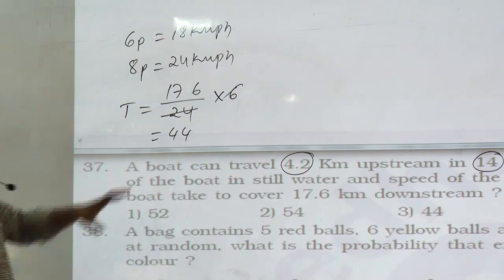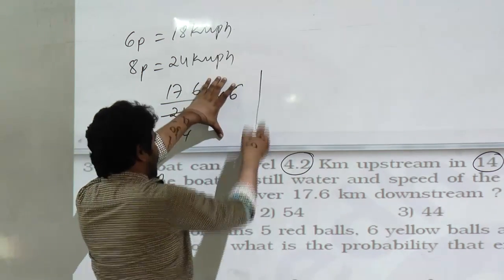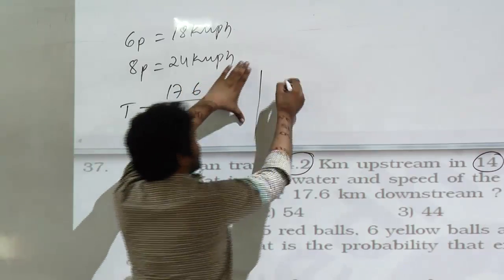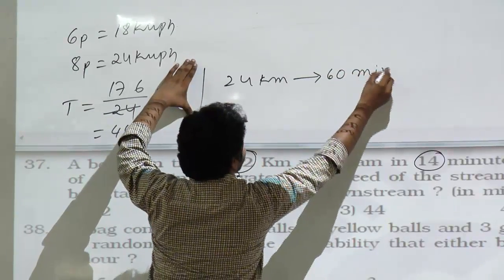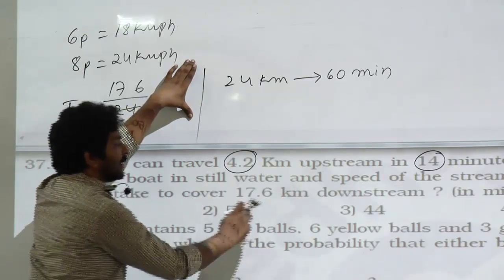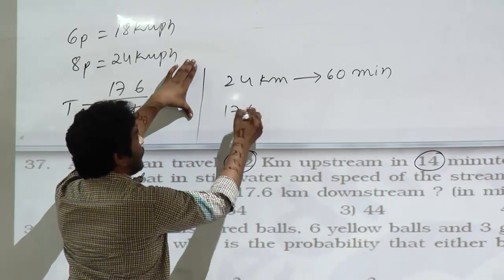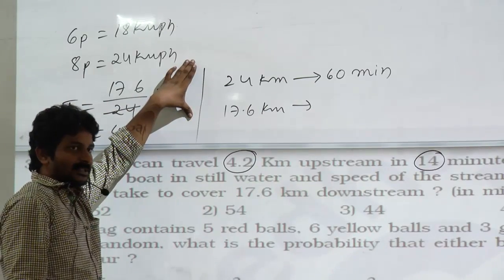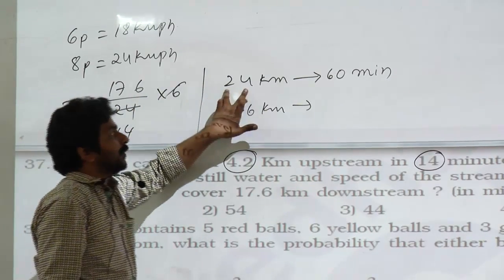Here also you need not use this step if you are really good at conversion. 24 kilometer per hour in the sense, to cover 24 kilometers it takes 60 minutes. To cover 17.6 kilometers, how much is the time taken here? This is what you are asked about. What is divided by 4?